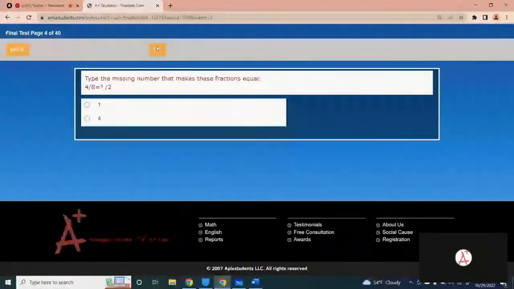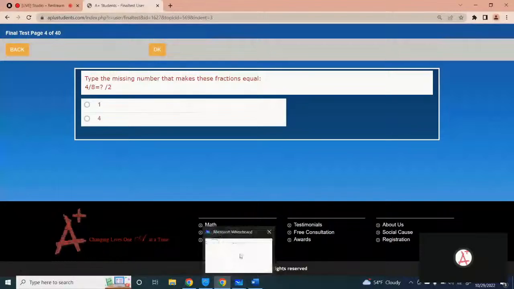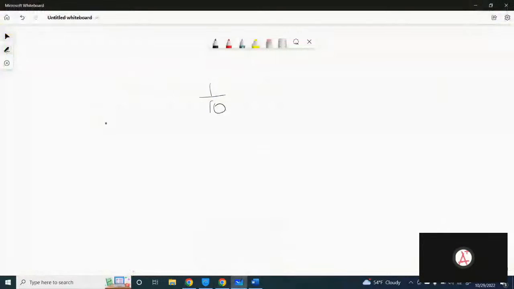Type the missing number that makes the fraction equal. You have to type the missing number. So what missing number makes the fraction equal? 4 by 8 and the missing number is, yes, very good, it is 1 over 2. 4 over 8 equals the missing number over 2.